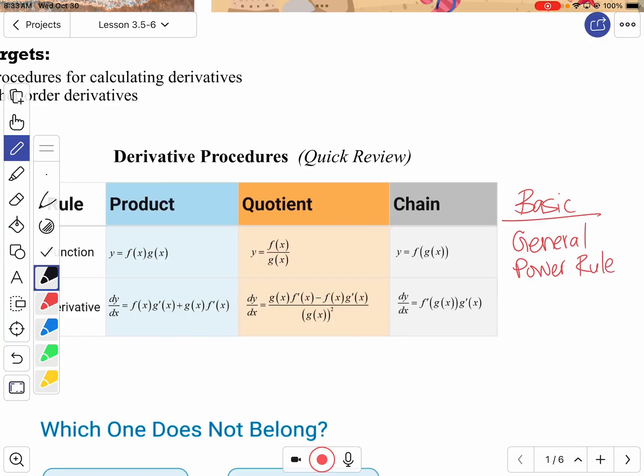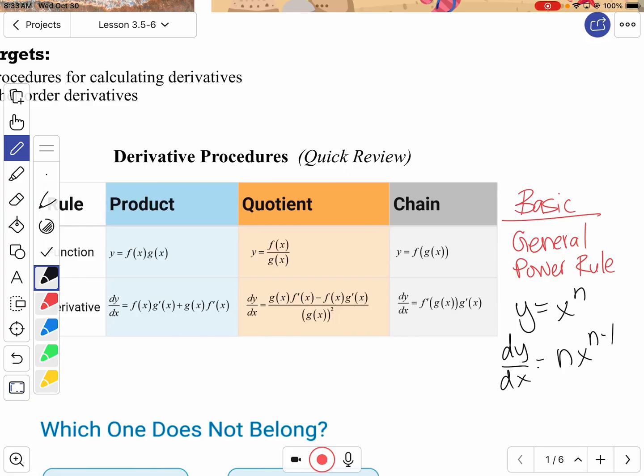That would be if I have y equals x to the n, then dy/dx is n times x to the n minus 1. So just our basic power rule. Those are the main things we've learned. And then we learned all the special rules for trig functions, for ln's, for inverse trig functions, for e's, for logarithmics of any base, and exponentials of any base.